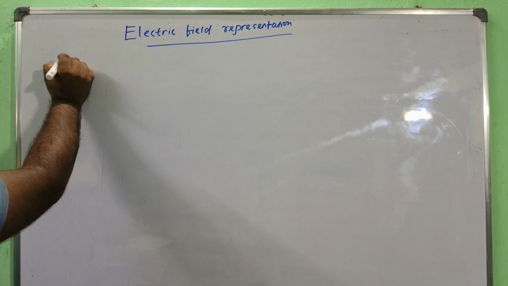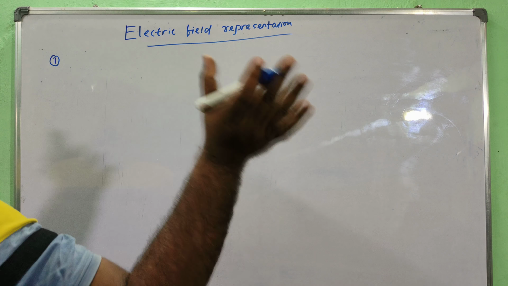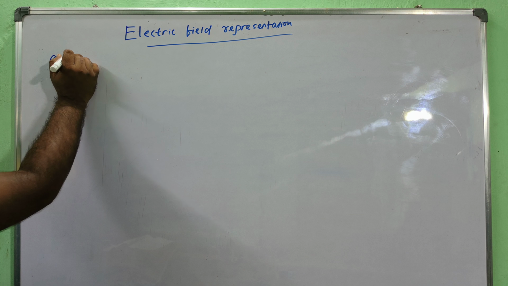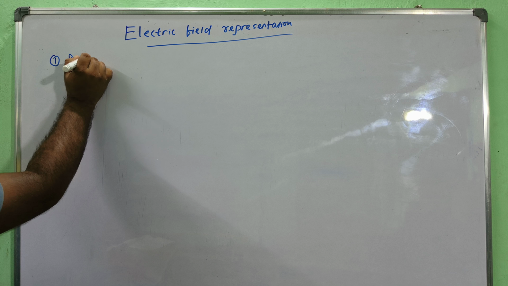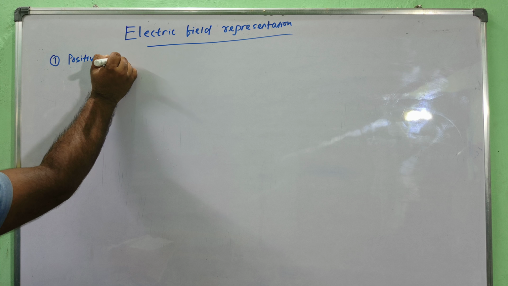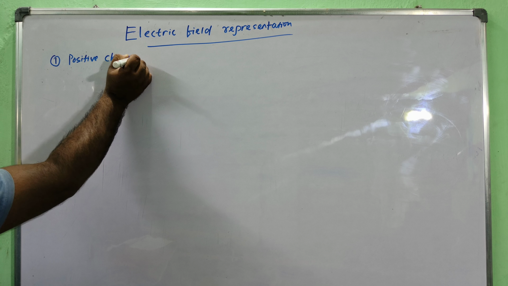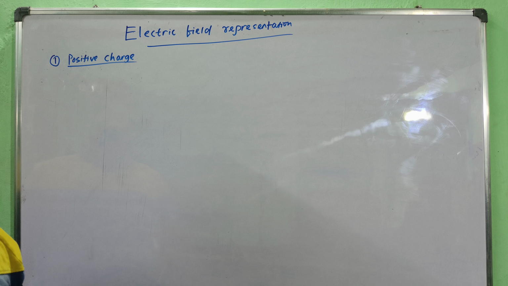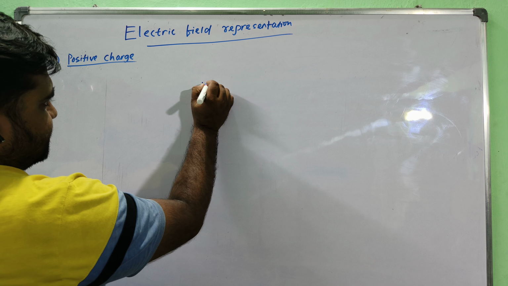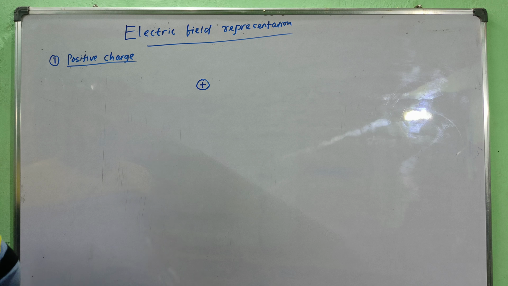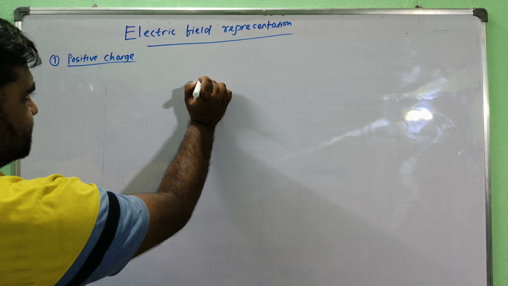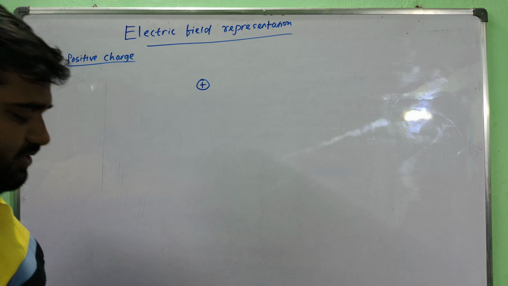If it is a positive charge or a positive point charge, how will its electric field be? So this is a positive charge. Let us consider that it is a point charge for simplicity.